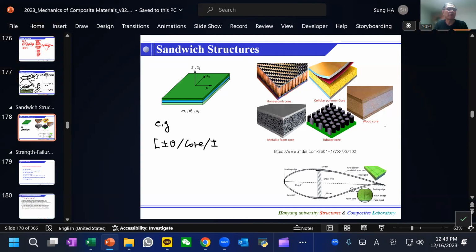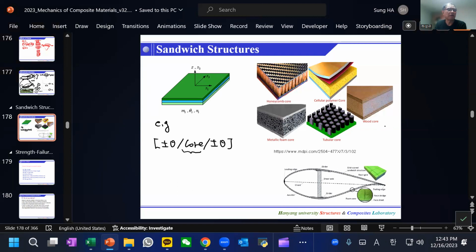Any angle will be okay, but mostly we consider just plus minus theta, core, and plus minus theta. This structure is called a sandwich structure. Then what is the main role of this core?